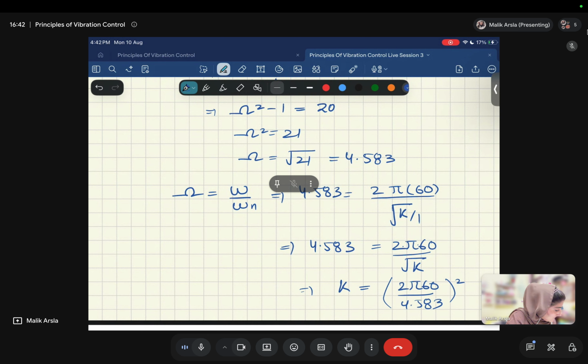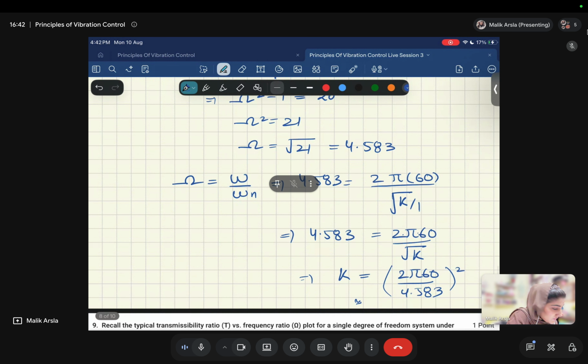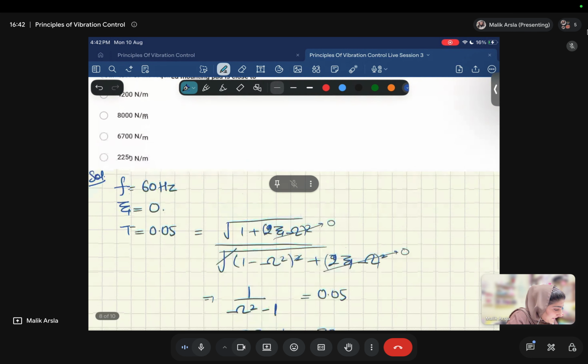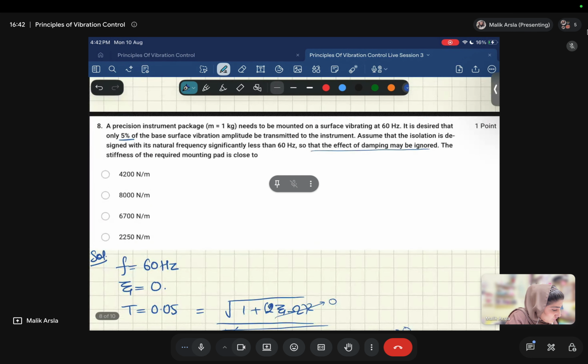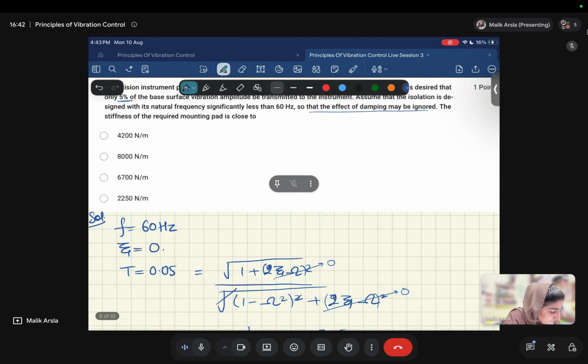Okay, so it is coming approximately equal to 6759.616. Okay, 6759. Okay, so the closest option to the answer we got is 6700 Newton per meter.